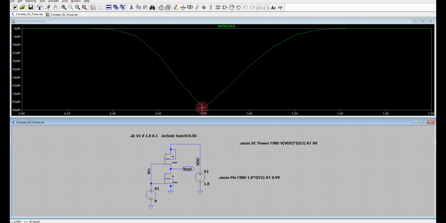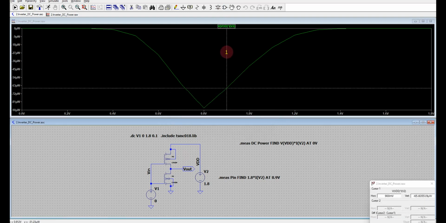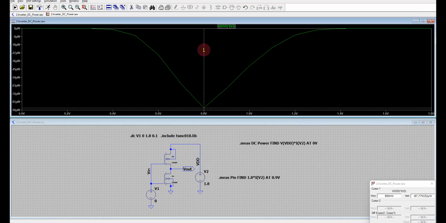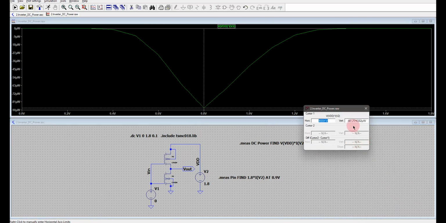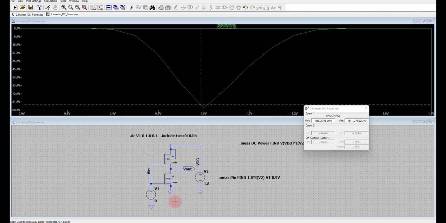This is maximum, that is during short circuit current, it is giving maximum power. If I put a cursor out here and move this cursor, it says 87 microwatt. So at this particular DC condition, 87 microwatt is the power, and here it is around 39 picowatt, and on the right hand side it is 13 picowatt. So that is how you measure the static power dissipation of this particular circuit.